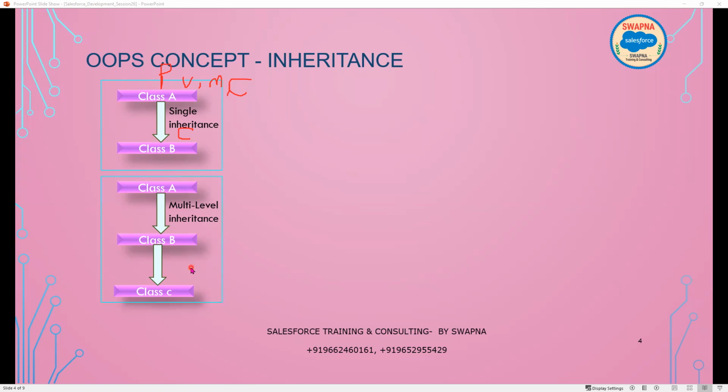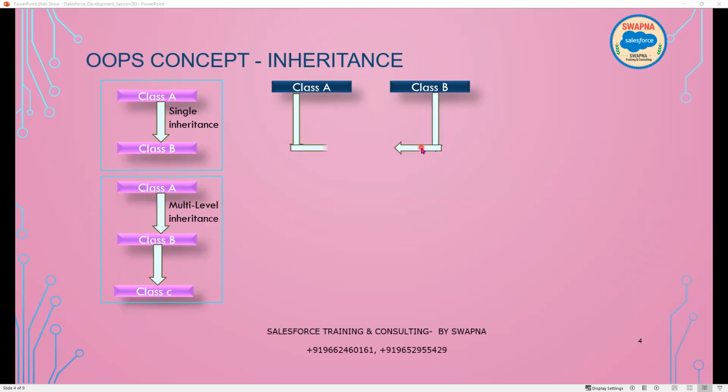This is multi-level inheritance. And the next one is multiple inheritance. So multiple inheritance is, I have a class A, a parent called class A, and another parent called class B. Both the parents are sharing a single child.